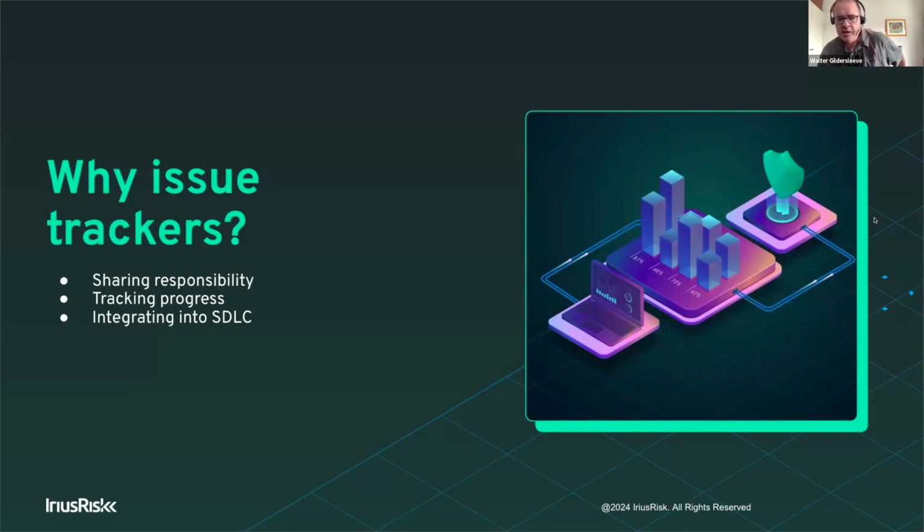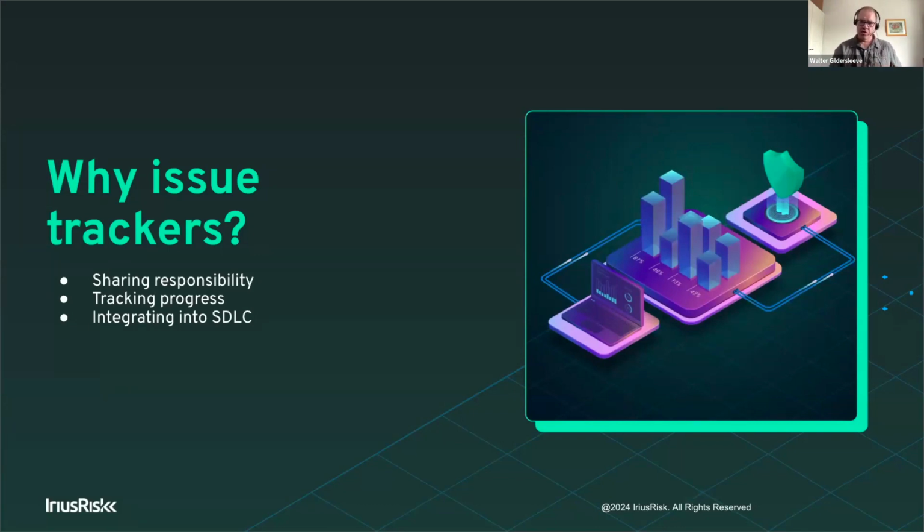And finally, integrating into the software development lifecycle is also a big plus when you're working with a ticketing system. So if you are using a CI/CD, for instance, you're, say, automating your network administration through Puppet or Ansible or something like that, you can ensure that the threats have been mitigated.